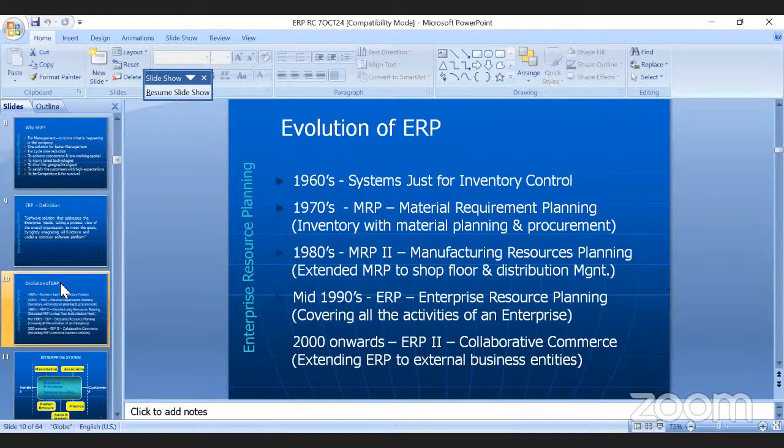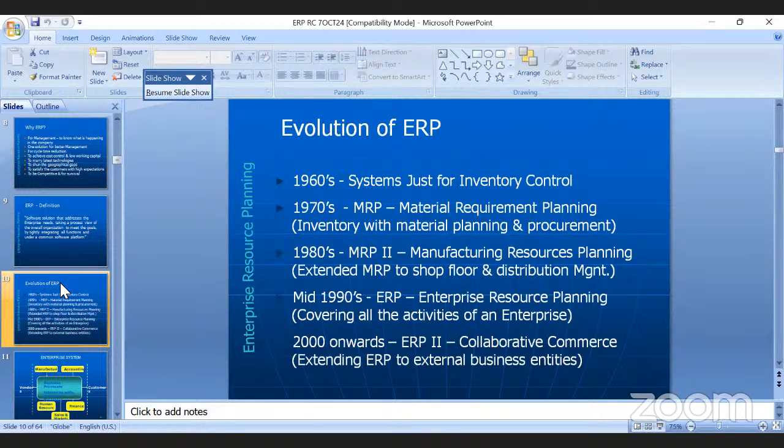Maybe the sizes were big and the memory was small, and over time there was R&D. In the earlier stages they were used only for inventory control and material resource planning. If not in India, in developed countries like the USA, UK or Japan, the technology advancement was so much.